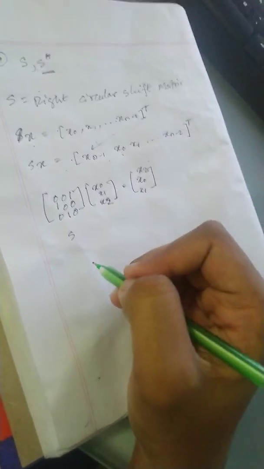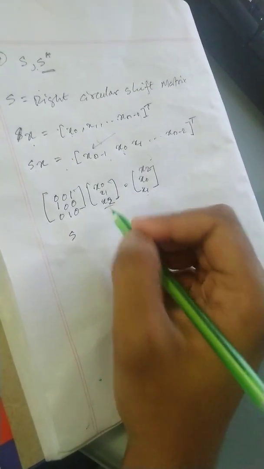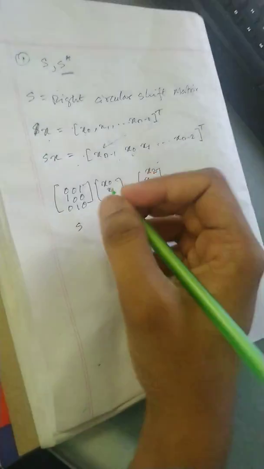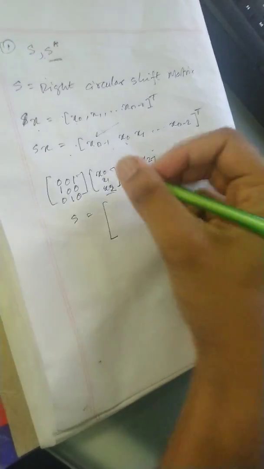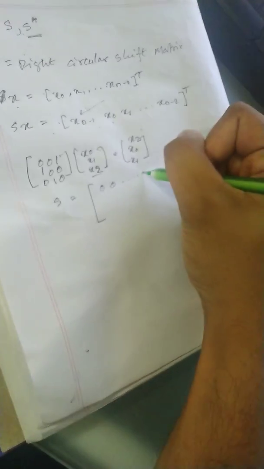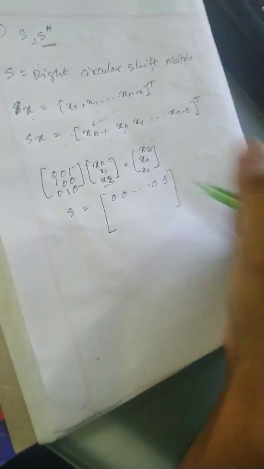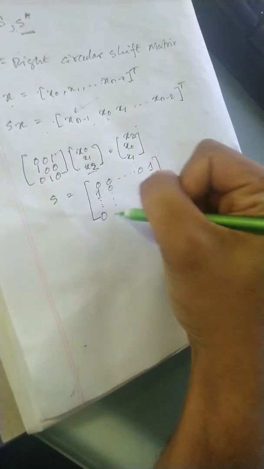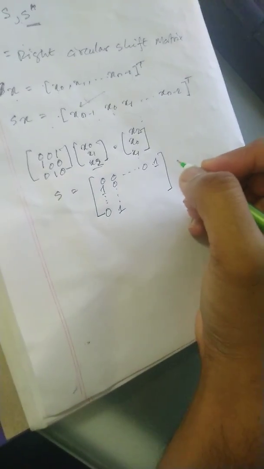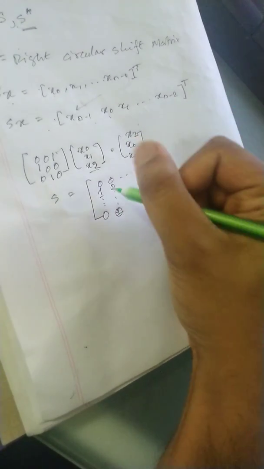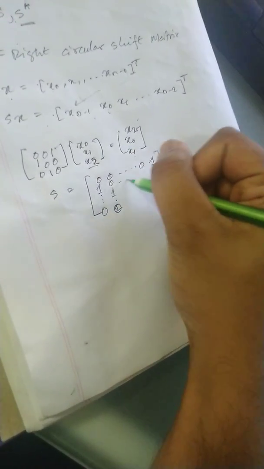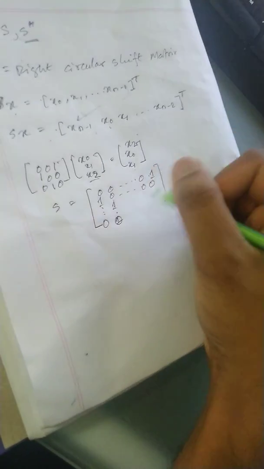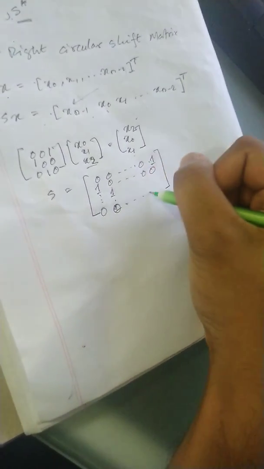So there's our S. Based on this 3-element vector, we can expand S to the general matrix S, with 0s and 1s along the shifted diagonal, and so on.